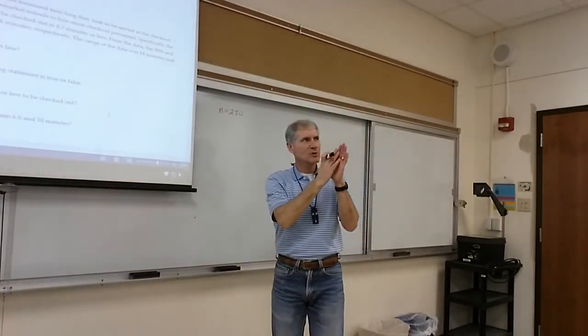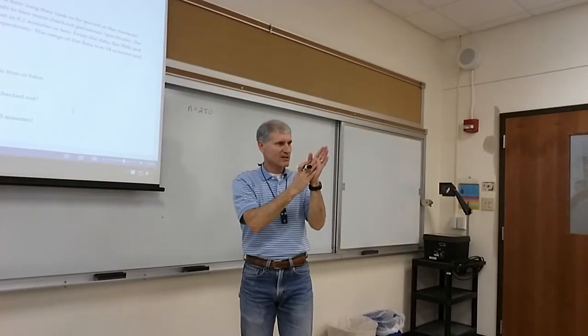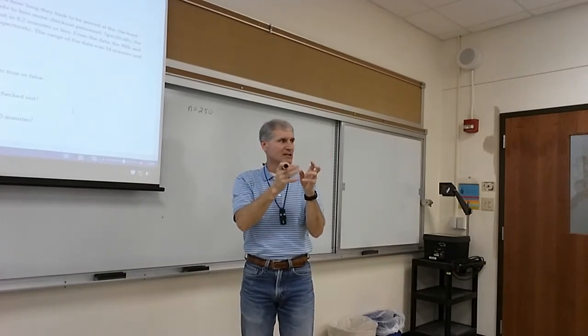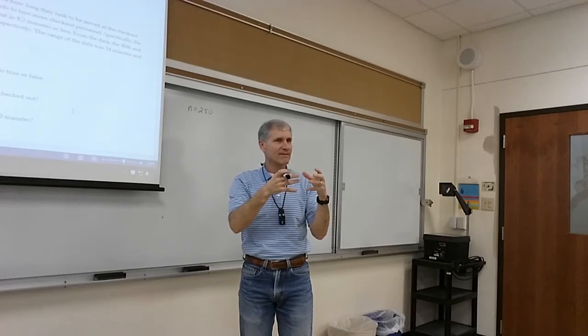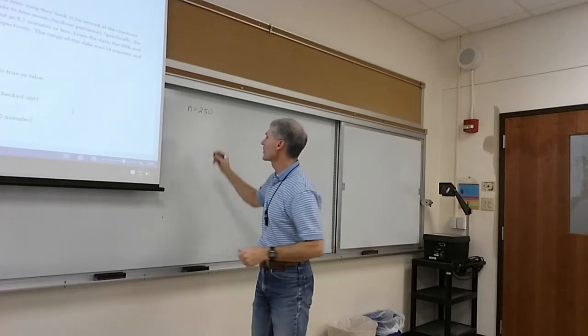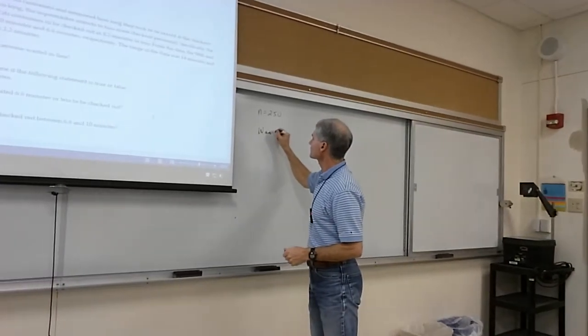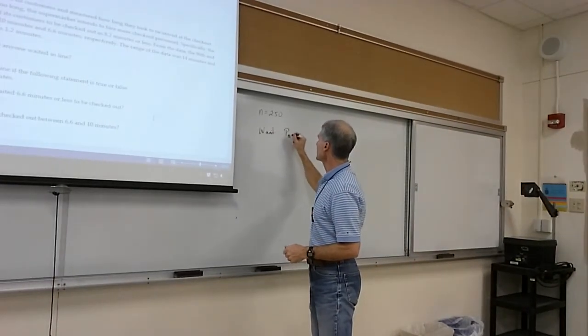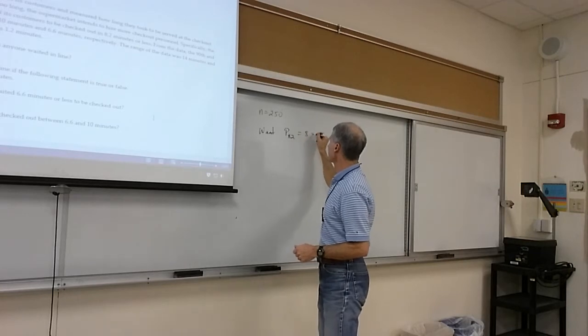If 82% are 8.2 minutes or less, that 8.2 minutes would be the what? The 82nd percentile. So what they want is P82 to be 8.2.